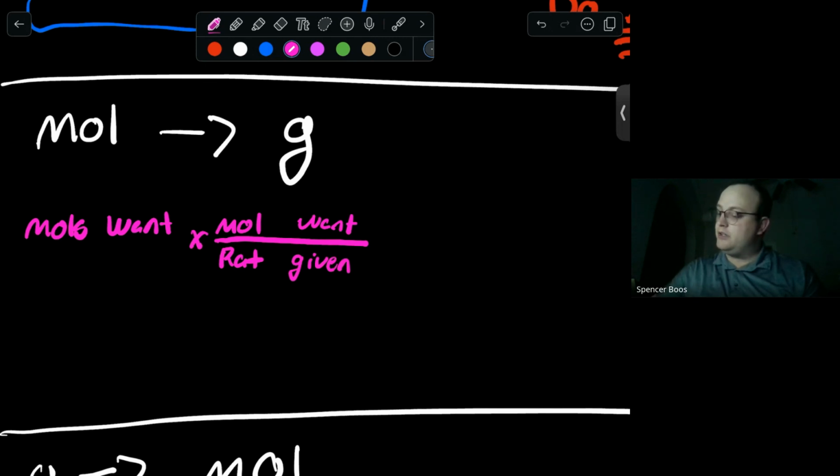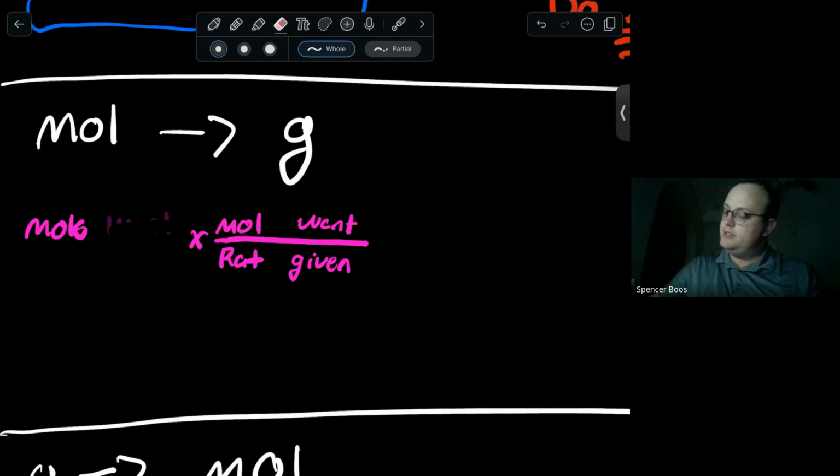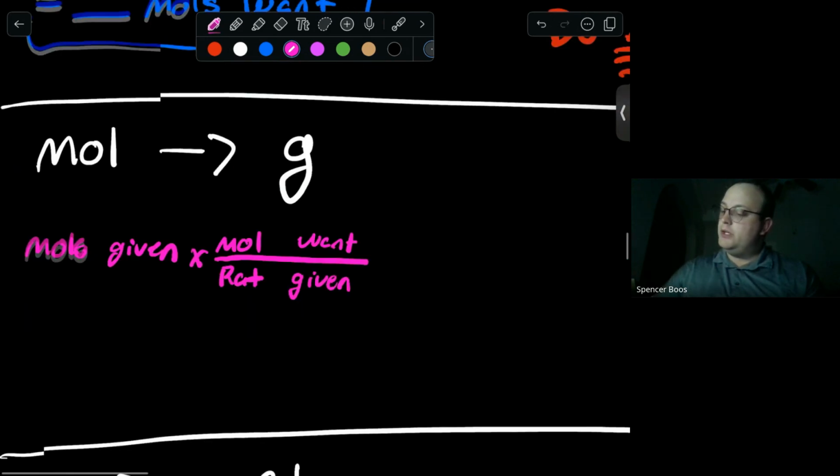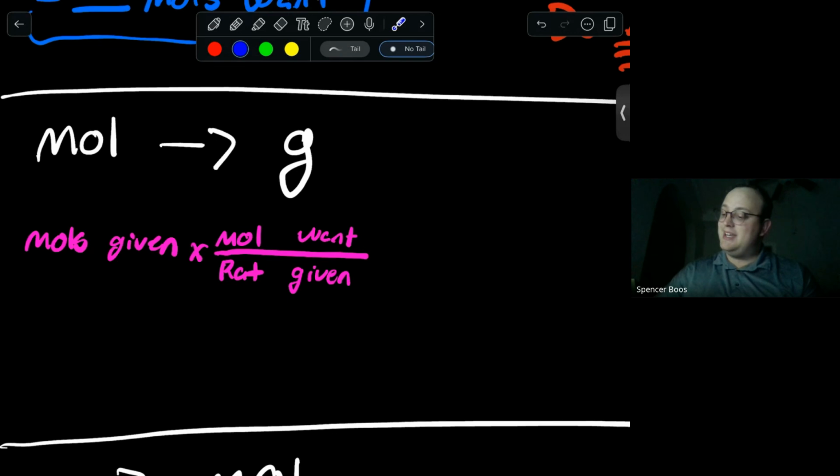Note that in both the top one and this one we have given here and given here. The reason is that we want the moles to cancel out.